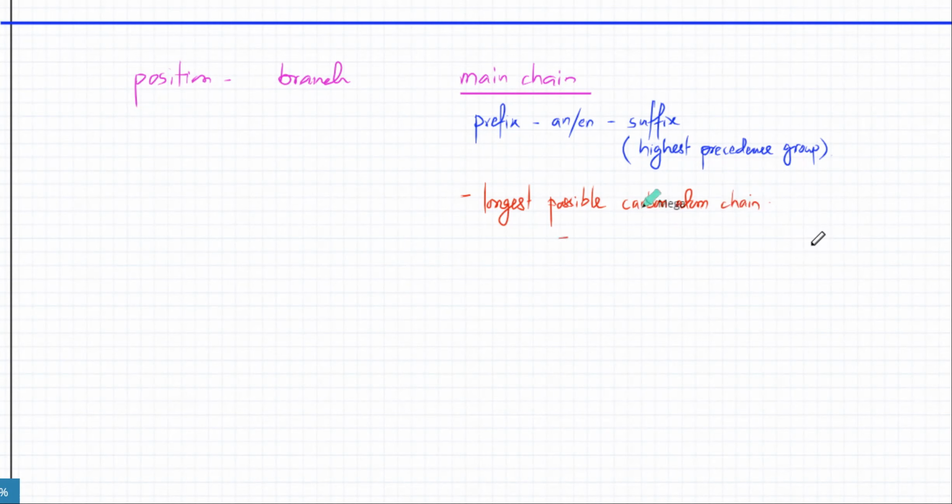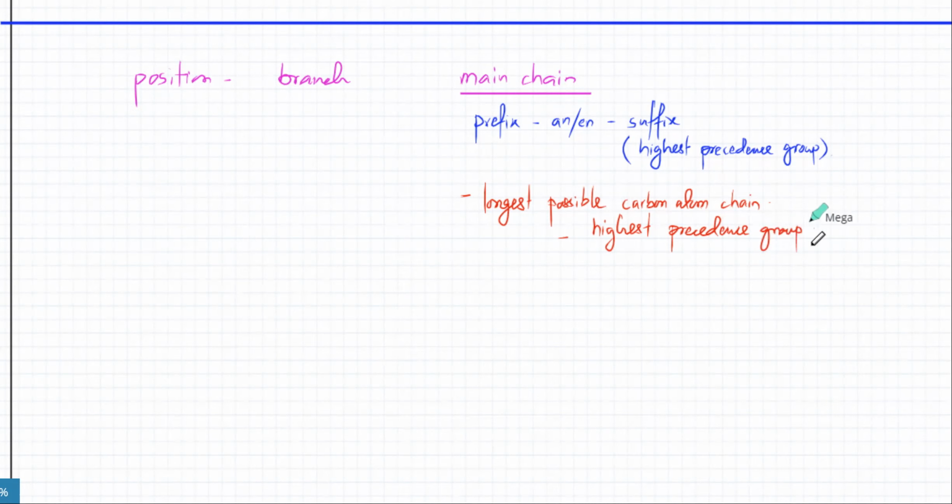But remember, even if it's not the longest, it's still fine. It's the longest possible carbon atom chain that meets the following criteria: it should have the highest precedence group in it.